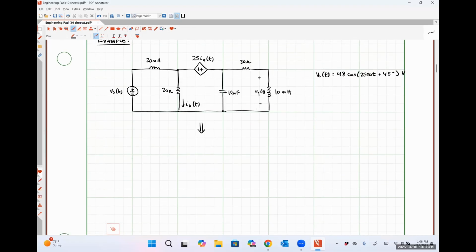So what is my phasor source voltage going to look like? Yep, 48 angle 45 degrees. What should my 20 millihenry inductance look like? So 20 millihenries is 0.02, isn't it? Yeah.